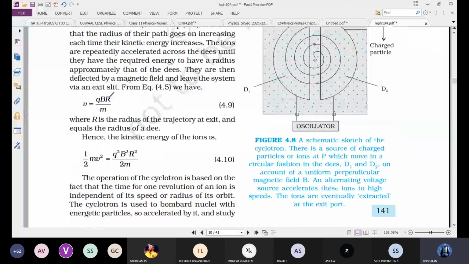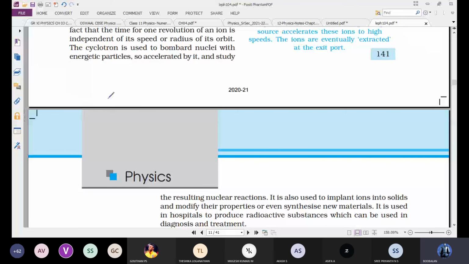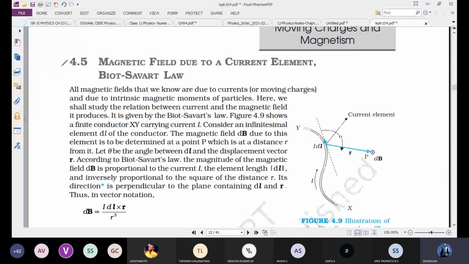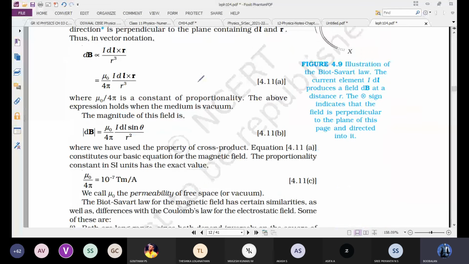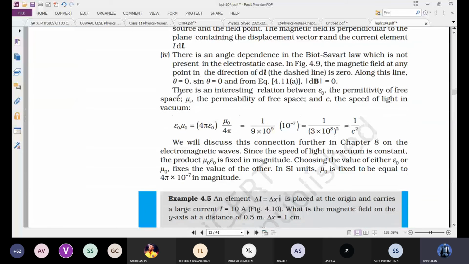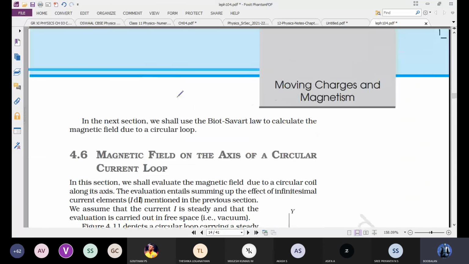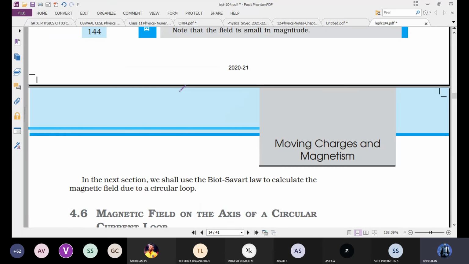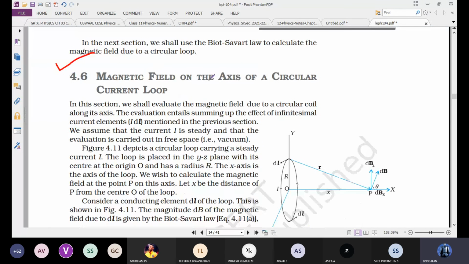That is a separate track. Magnetic field due to a current element, Biot-Savart law, magnetic field on the axis of a circular current loop, and one more derivation, magnetic field at the center of the circular loop, also completed.